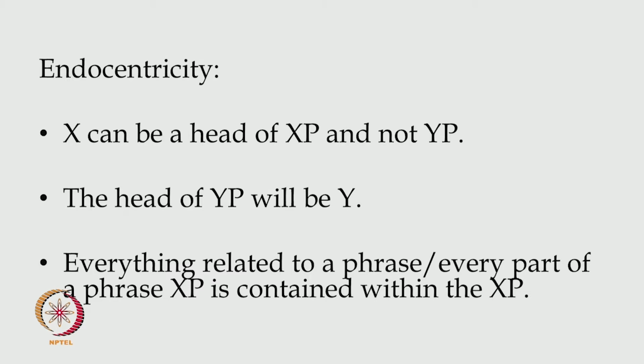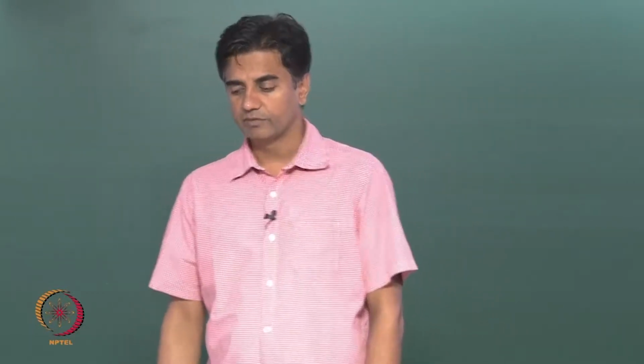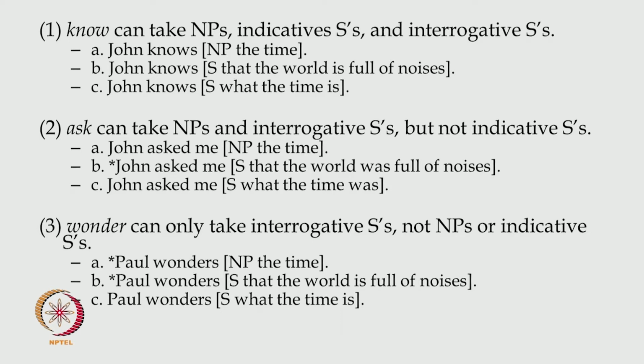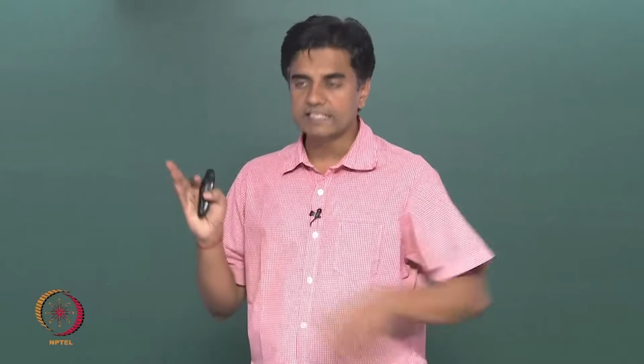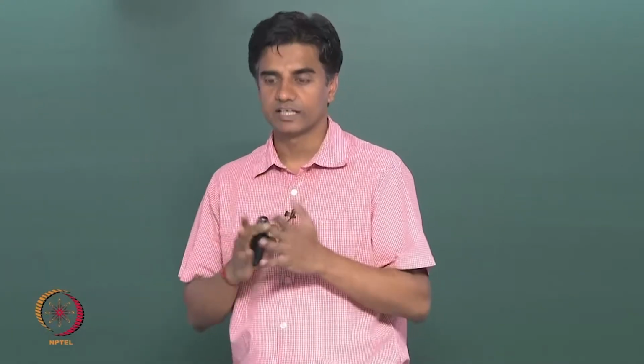We have looked at endocentricity. I'm only going through these things just to refresh your memory. Then we started looking at categorial selections, and we meant to put the point forth that certain elements, certain categories, take specific objects or subcategorize for specific elements, and this is called categorial selection.